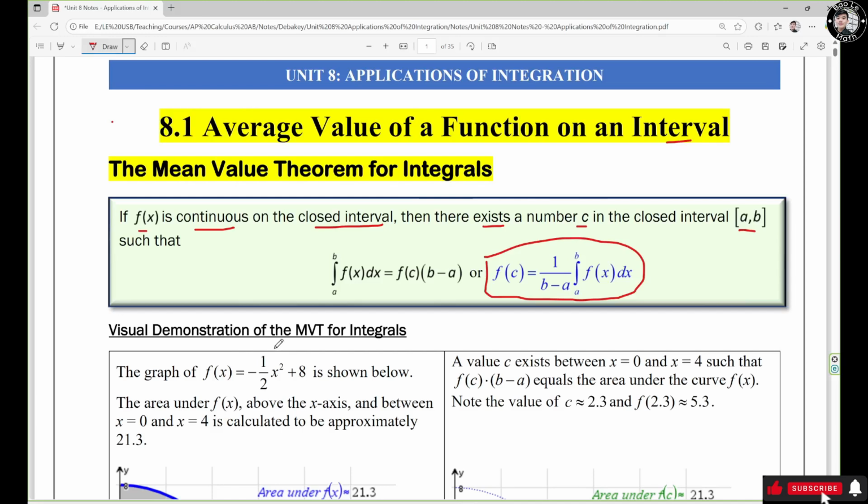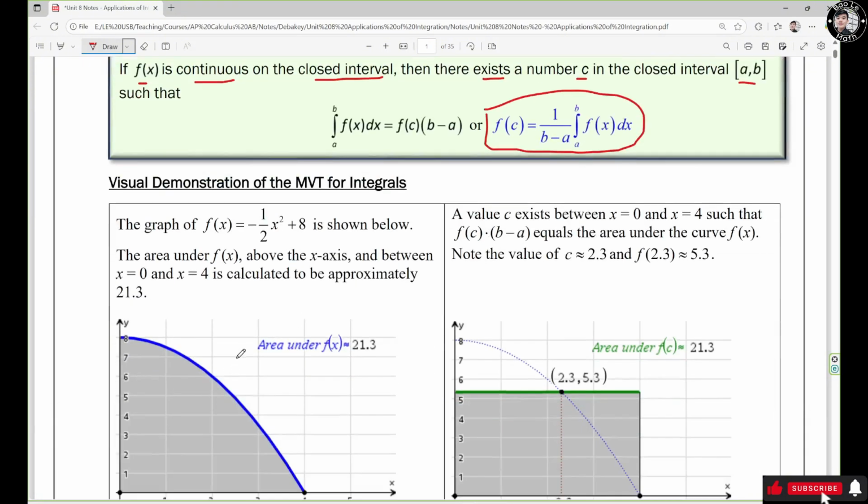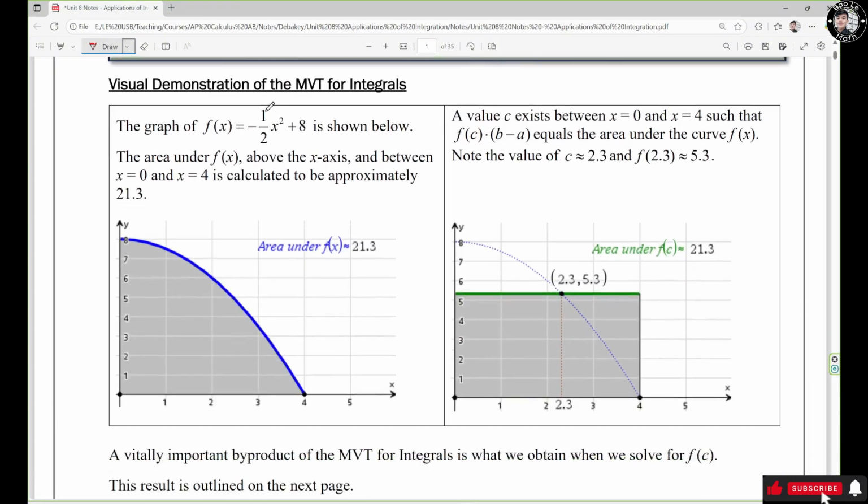Alright, now we're going to demonstrate the mean value theorem for integrals using the graph below. The graph of the function f(s) equals negative 1/2 s squared plus 8 is shown below.